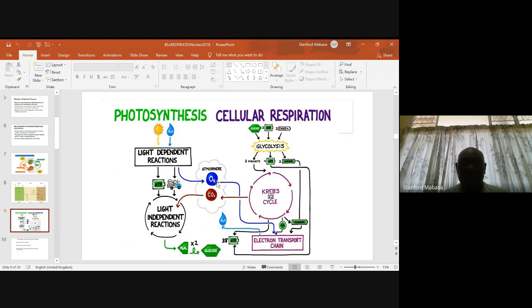These will utilize oxygen from photosynthesis. And then we also have the electron transport chain, which produces energy. The Krebs cycle will emit carbon dioxide, which may be utilized by photosynthesis.